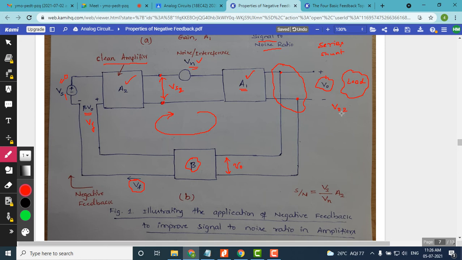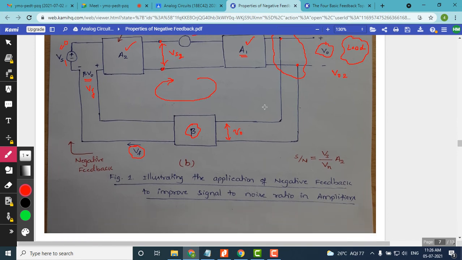For V02, Vs does not exist, so the output voltage is A1 times Vn divided by the total gain 1 plus A1 times A2 into beta, because this is a feedback network.